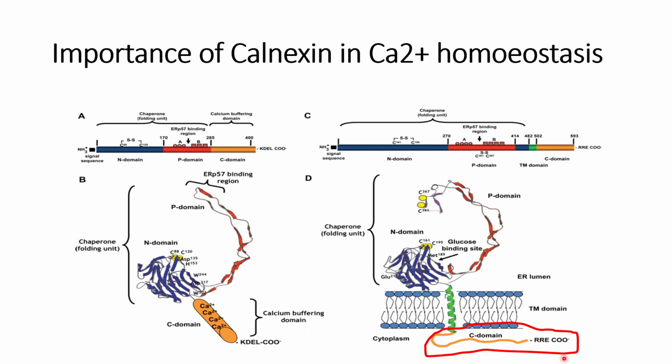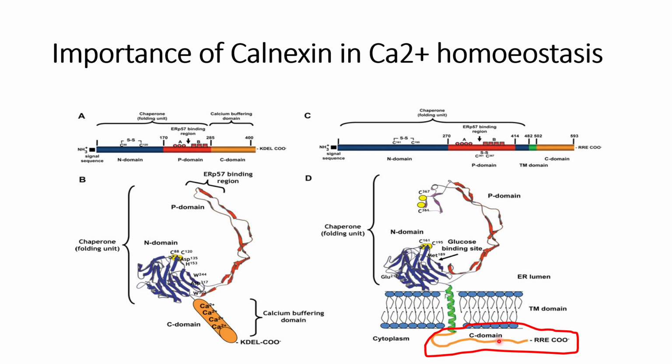So any fluctuation of Ca2+ in the cytosol will be taken care of by calreticulin with the help of calnexin, as the phosphorylation of serine at position 562 that we have already mentioned leads to coupling of Ca2+ signaling with the Ca2+ containing chaperone in the endoplasmic reticulum.